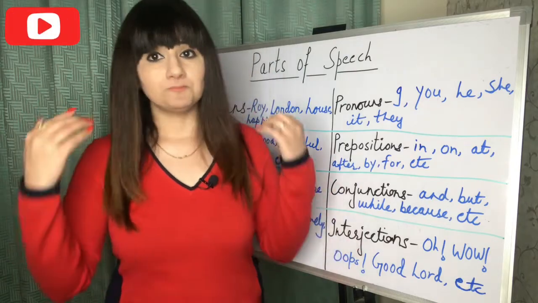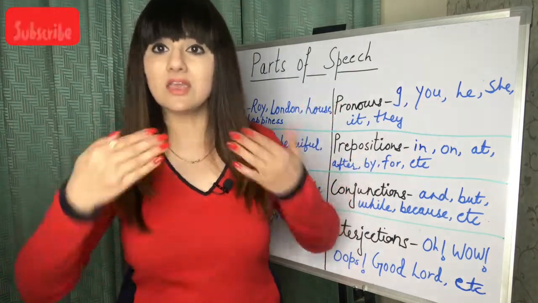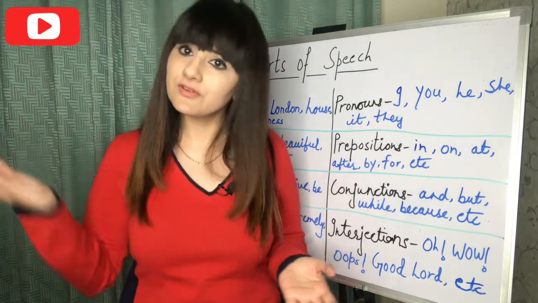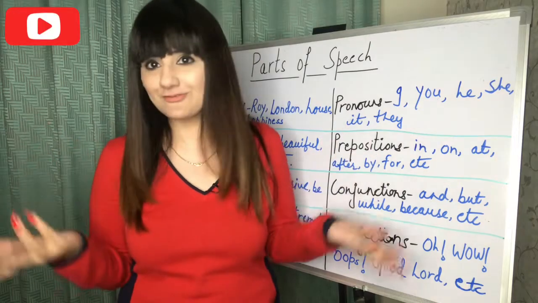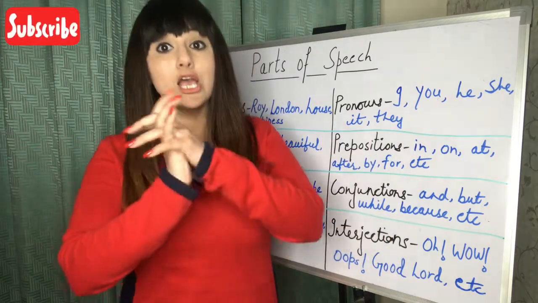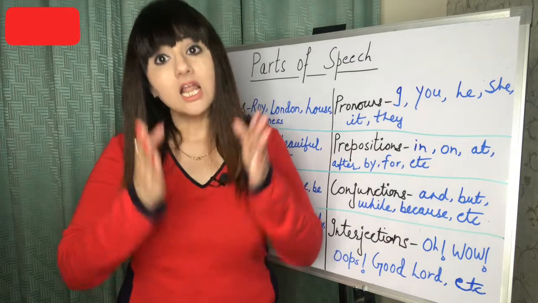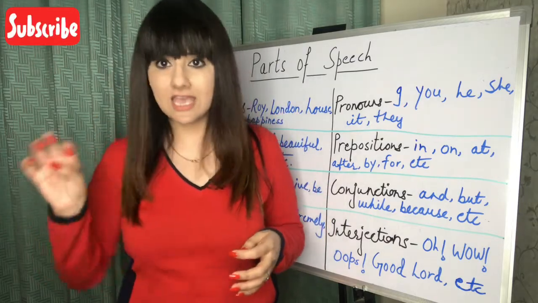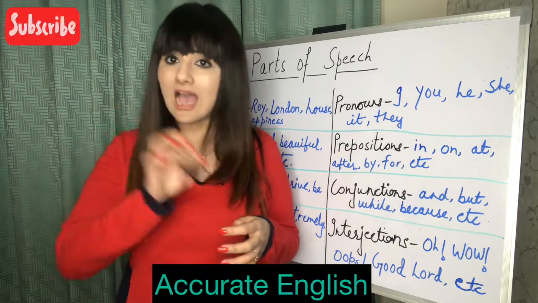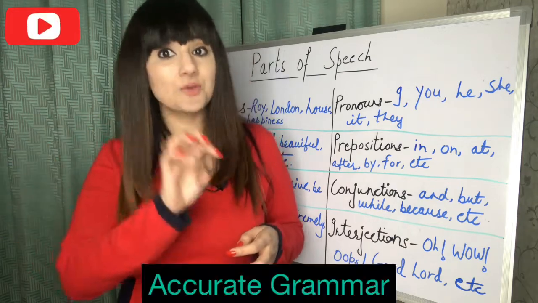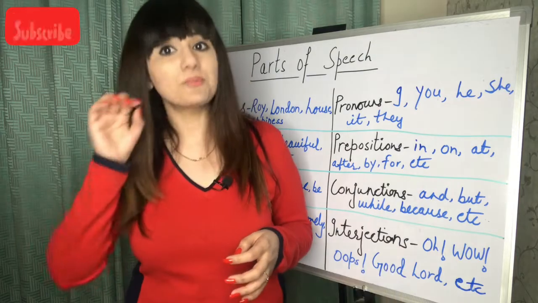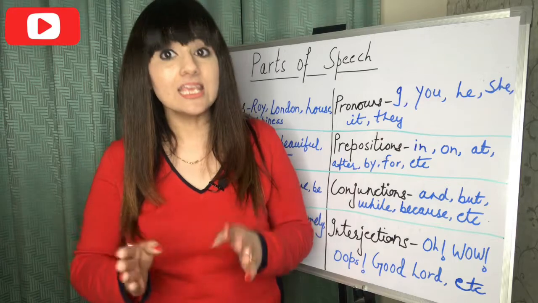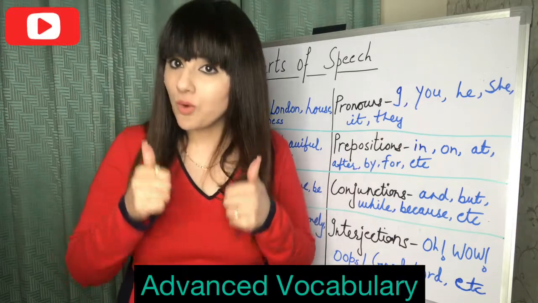So of course, we are learning English. Why are we learning English? Of course, they have different dreams, and you also have a different kind of dream. To fulfill that dream, we have to learn accurate English. Accurate English means accurate grammar, accurate pronunciation, and using precisely advanced vocabulary.